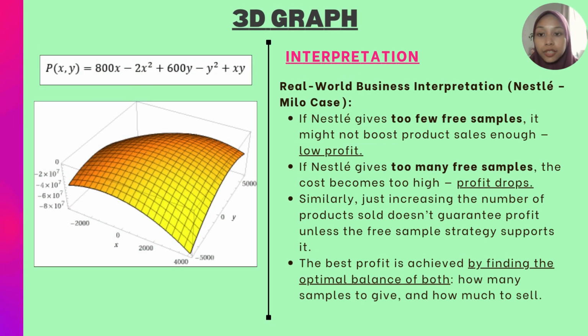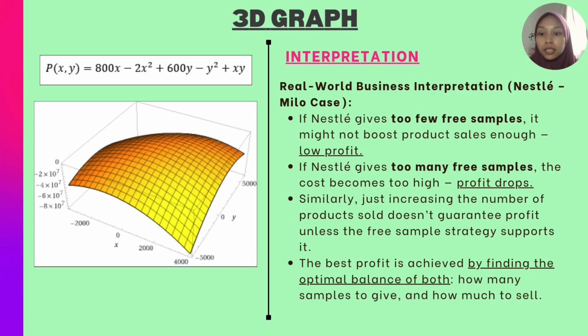Let me explain this in relation to the company that I chose, which is Nestle. If Nestle gives too few free samples, it might not boost the product sales enough, so the company will get low profit. But if Nestle gives too many free samples, the cost becomes too high, so it also makes the profit drop.